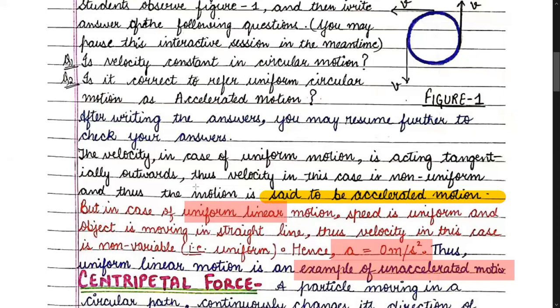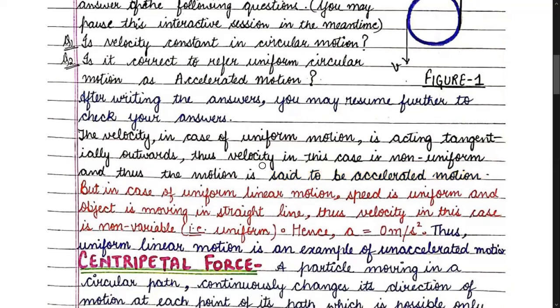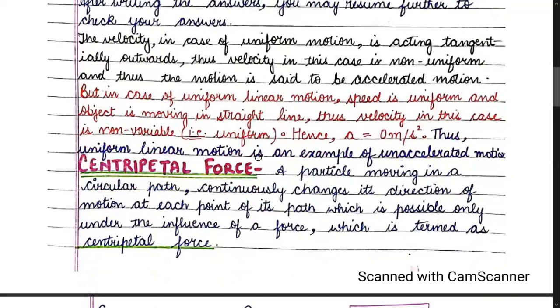Children, uniform circular motion is accelerated motion, and uniform linear motion, linear meaning straight line motion, is unaccelerated motion.